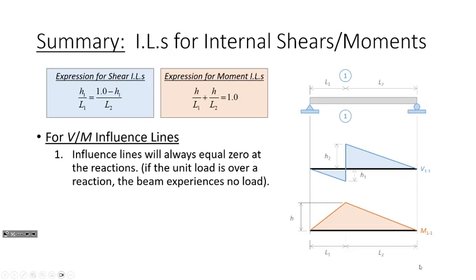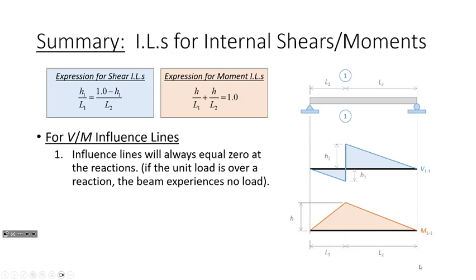Number one, whenever you're drawing influence lines for internal shears and moments, they will always equal 0 at the supports. The reason for that is, let's say I have a beam right here, and let's make it an interesting beam. Let's put a support here, here, and here, and a hinge right here. Let's say my point of interest is right there.